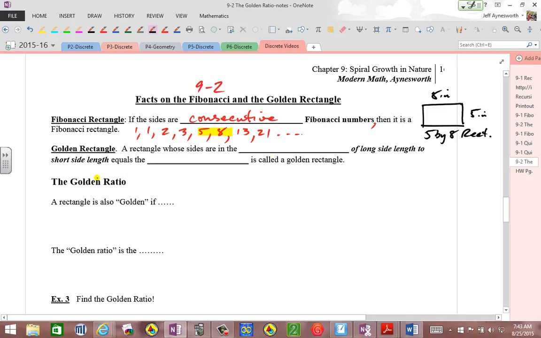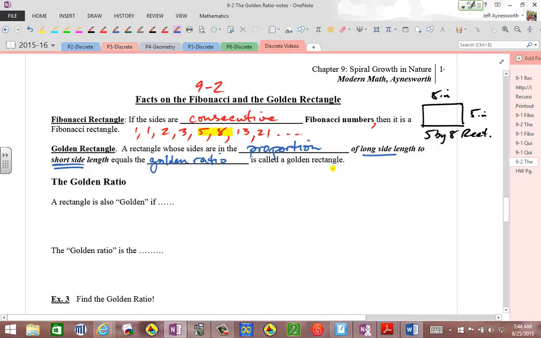Right now, we want to focus in on the golden rectangle and what's called the golden ratio. In a golden rectangle, it's a little bit different. It's a special one. A rectangle whose sides are in proportion, of the long side to the short side, equals the golden ratio, which we've talked about before, it is called a golden rectangle.